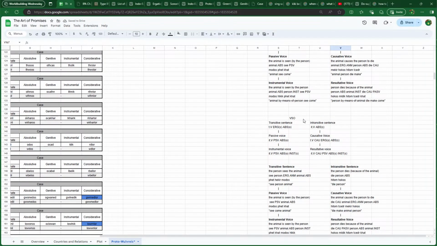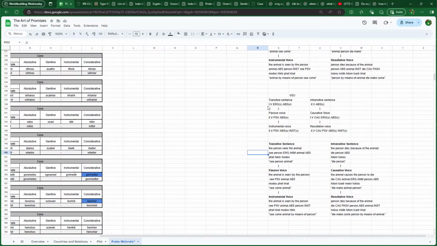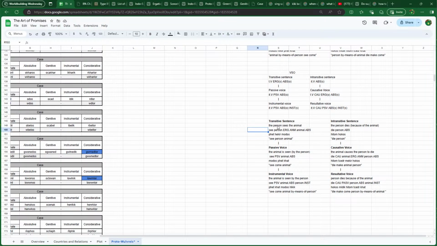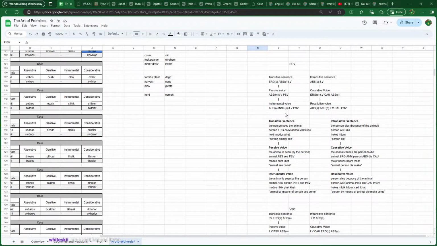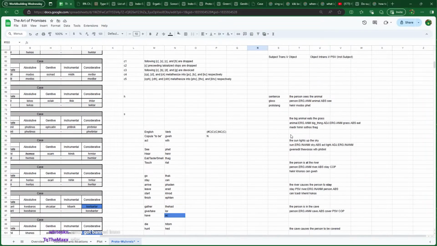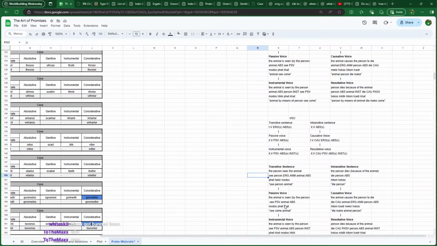So if you really needed to emphasize the verb in a sentence, you just put it first. So the person sees the animal, and so Hekir modos pet and pet Hekir modos are equivalent, but for this one it's like pet Hekir modos.